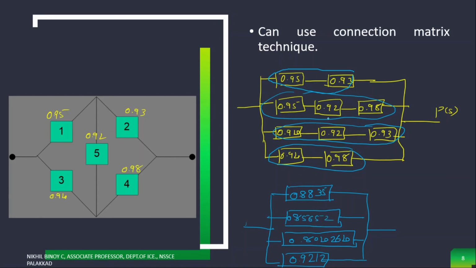Sorry, I think I took 0.95 into 0.92 into 0.93 earlier. That was a mistake. So these are the parallel configuration.